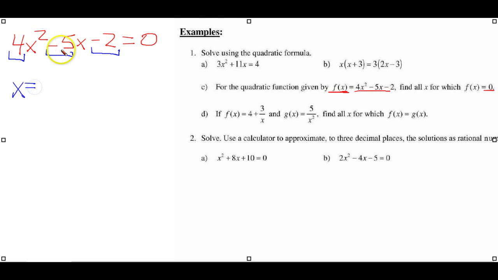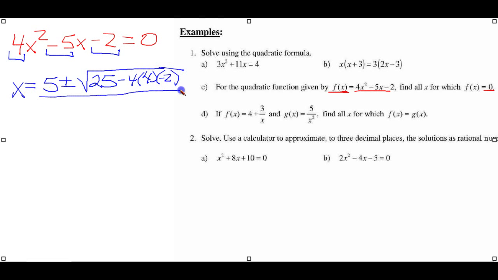x equals negative b, so the opposite of a negative 5 makes it a positive 5, plus or minus the square root of b squared is 25, minus 4, a is 4, and c is a negative 2.